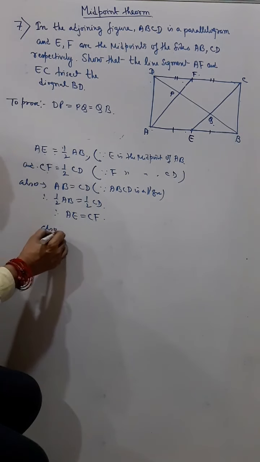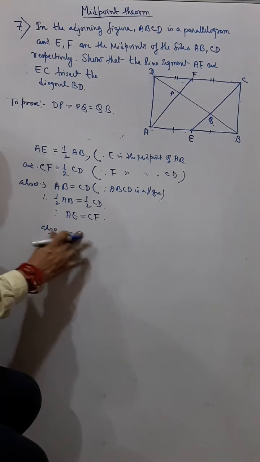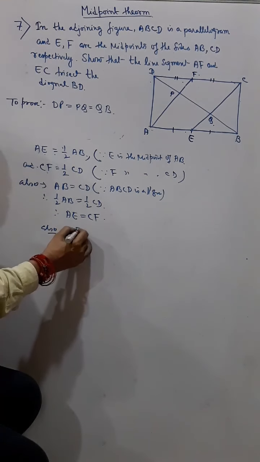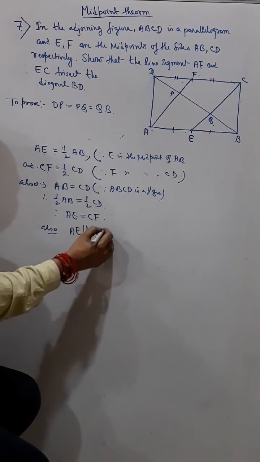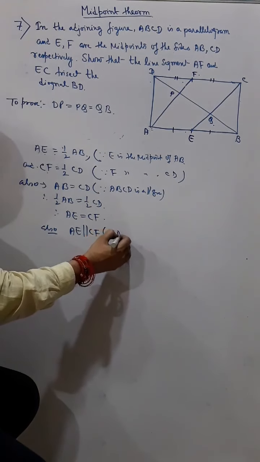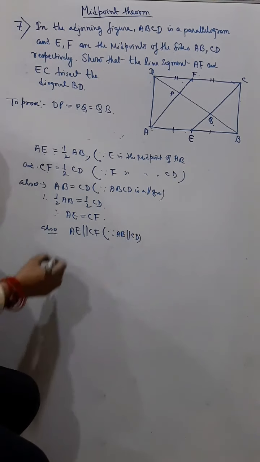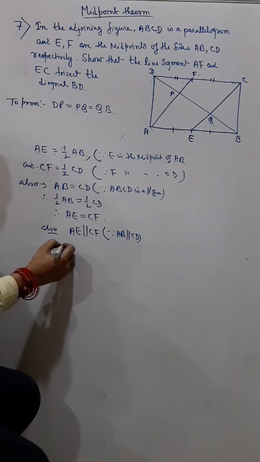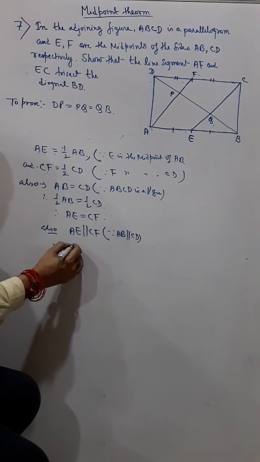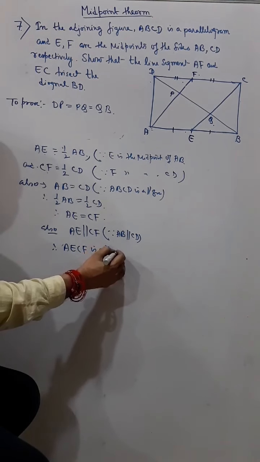Also, AE will also be parallel to CF. Why? Since AB is parallel to CD, and therefore AECF is a parallelogram.